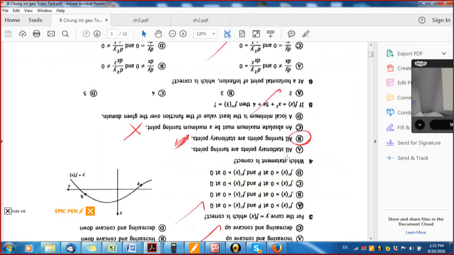So, let's have a look at this. All stationary points are turning points. Is that right? No, that's not right, because a horizontal point of inflection is not a turning point. But it is a stationary point. All turning points are stationary points.